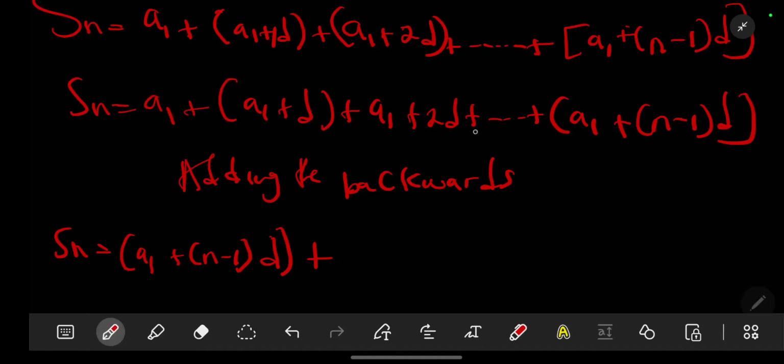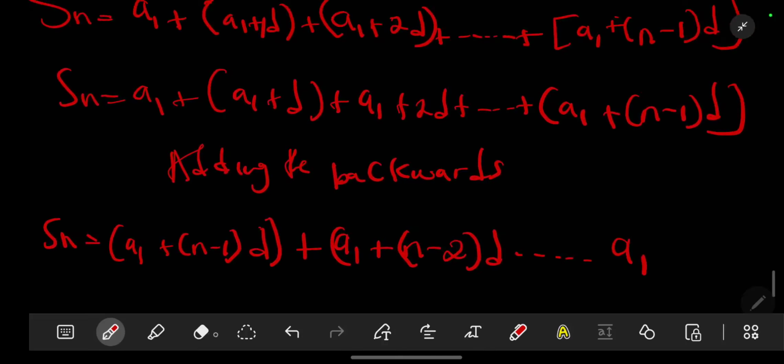We can do the dots dots dots, then come to this, or we can have our A1 plus our n minus, then here instead of minus 1, it will be 2, times our D. After doing that, we can do dots dots dots, we can have another term, then finally we have our A1. So we are doing it backwards.